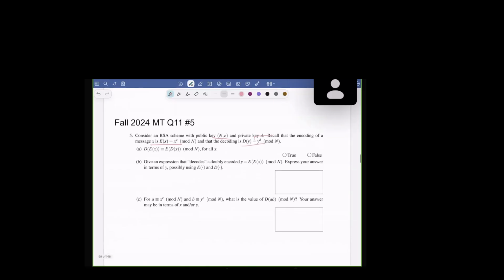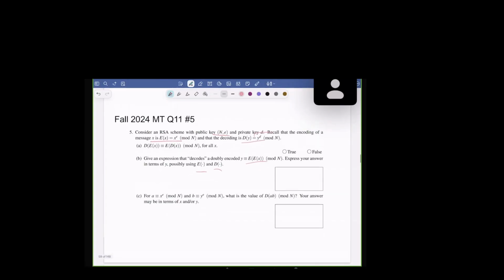So for the next one, give an expression that decodes a doubly encoded message E of E of x mod n, expressing the answer in terms of y. This would ideally be using these two functions. How will we do this?